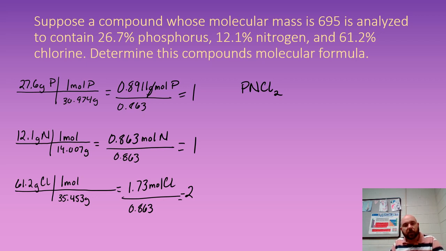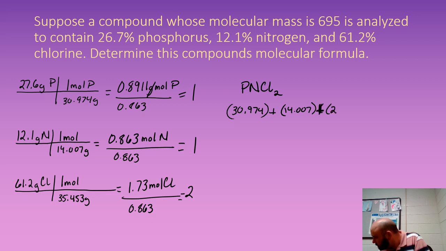We're going to calculate what the empirical formula mass would be, and we would do that by adding all of the atomic masses in that empirical formula. So 1 phosphorus is 30.974, plus 1 nitrogen is 14.007, plus 2 chlorines is 2 times 35.453.